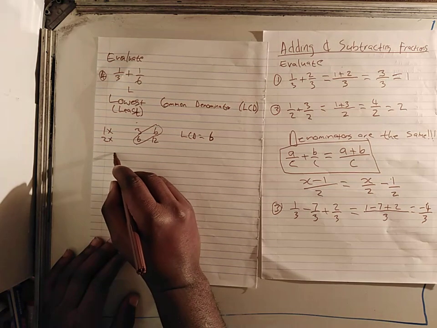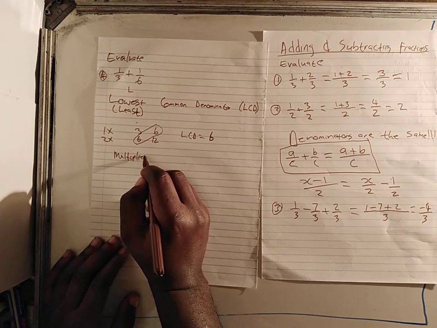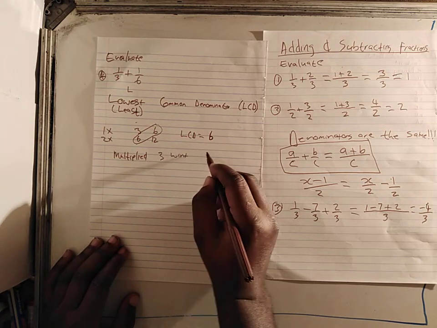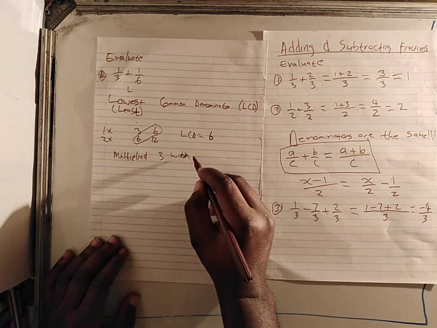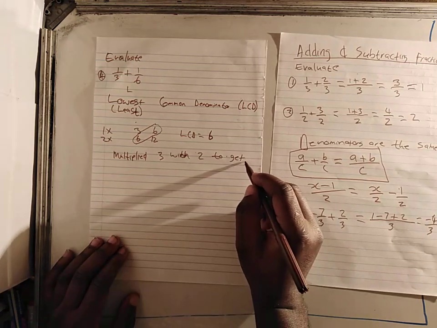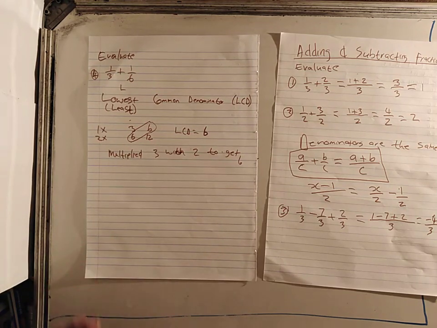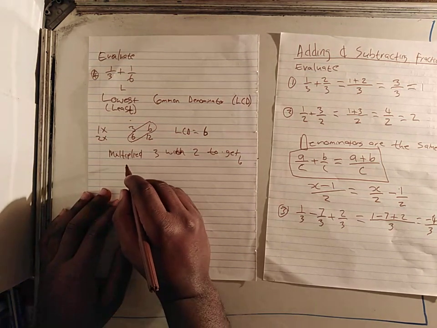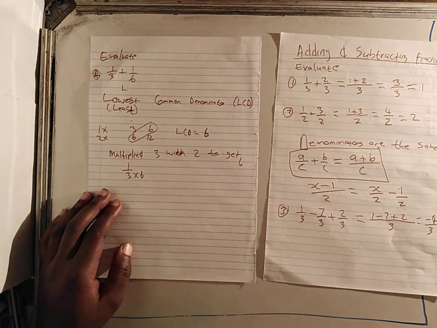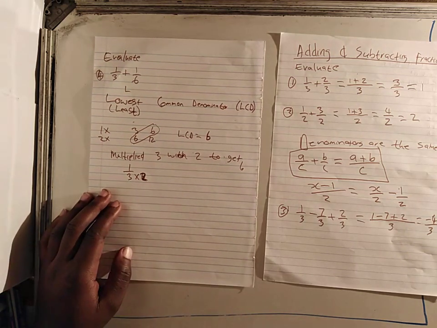So I multiplied 3 with 2 to get 6. Because of that, I'm going to take my 1 over 3, and then I need to multiply by 2 so that I can get 6.